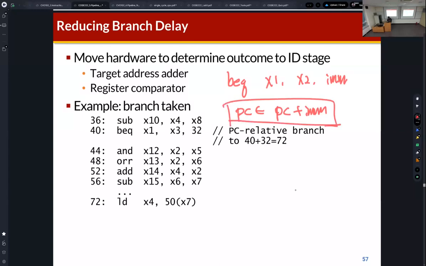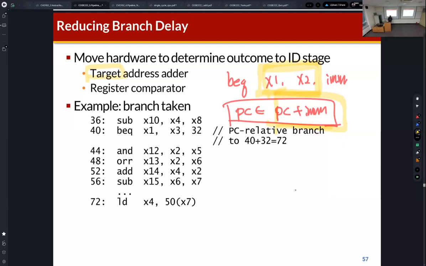So in order to know the result of a branch instruction, firstly, we need to compare X1 and X2, and then we need to know the result of this comparison, and we need to calculate the PC plus immediate. Okay, this is the target of the branch instruction. So in order to execute a branch instruction, we need to know the target, the PC plus immediate, and the result of the comparison.